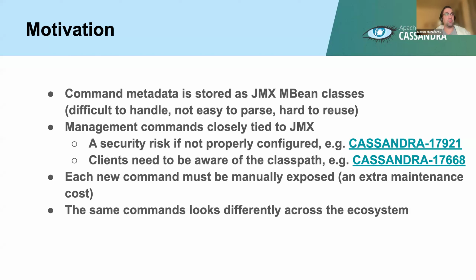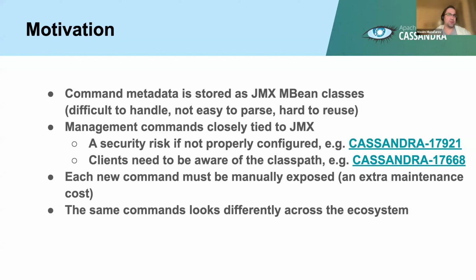The motivation for these changes is that basically all the management commands are stored as JMX MBean classes on the Cassandra node, and despite nodetool having its own representation of these commands, they still call the JMX methods.